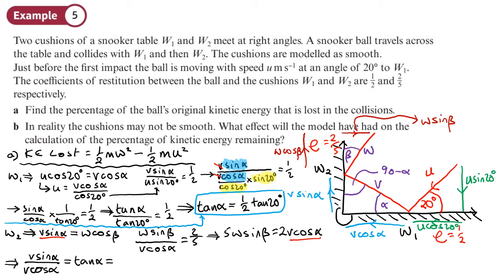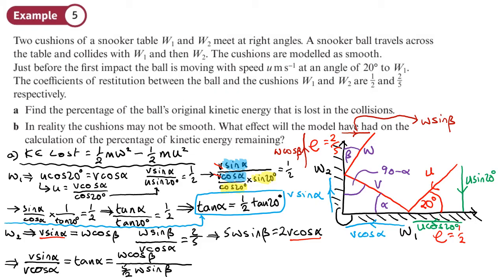And tan alpha, based on what I've got here, is going to be W cos beta over V cos alpha. V cos alpha from this is basically, just divide that by 2, so 5 over 2 W sine beta. So what happens?